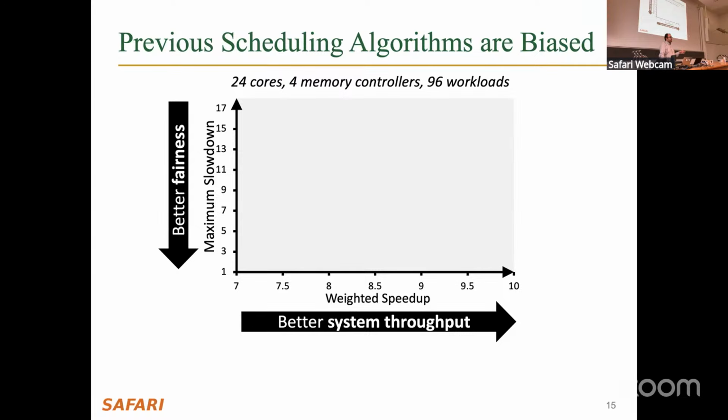Because one way to do that is to design a terrible scheduler that slows down many applications by a great amount, like 5 times. But in the end, your fairness is 1. So your scheduler is fair depending on your metric, but clearly that's not a good scheduler, right?